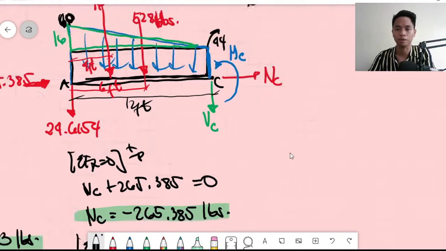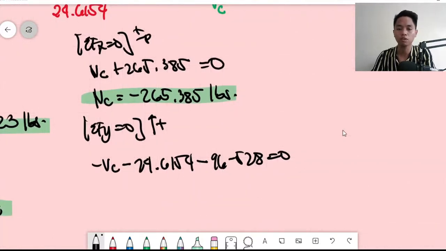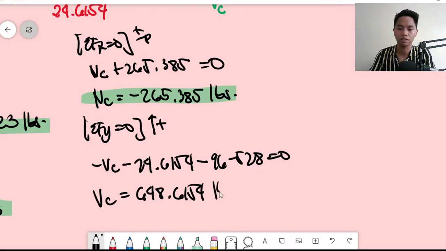How many forces? Four: 1, 2, 3, and 4. So therefore, what is the value of our VC? That is negative 24.6154 plus 96 plus 528. This is equal to 648.6154 pounds. Okay, this is negative.